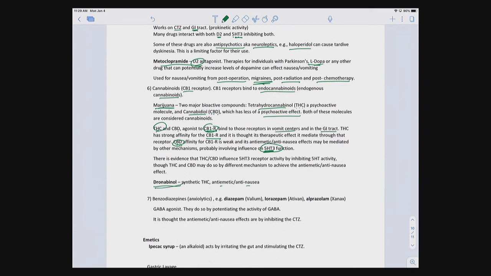The reason it is preferable is that with smoking marijuana, you have so many other bioactive molecules and you don't know what they're doing. Whereas with a synthetic THC, you're being more precise in terms of what you're going for. So this would be the preferred route.